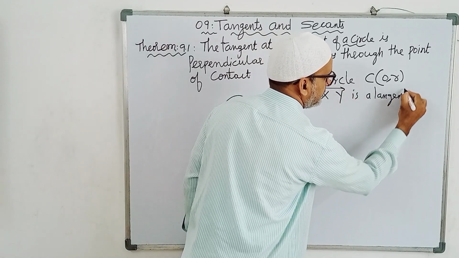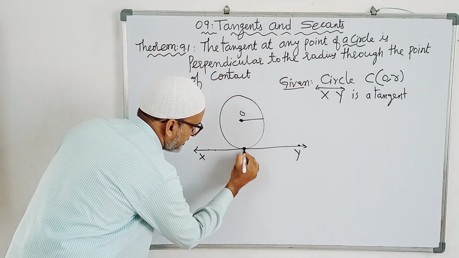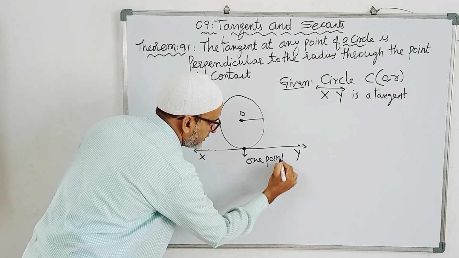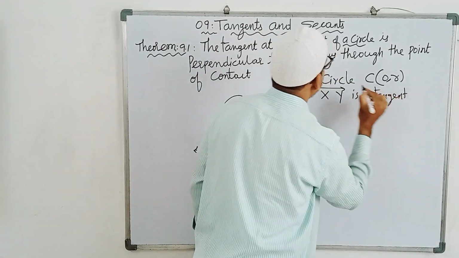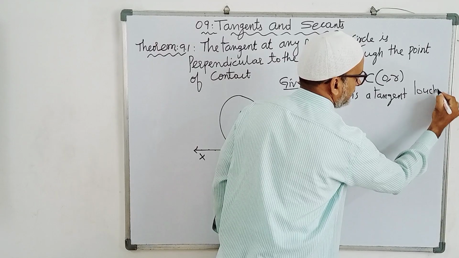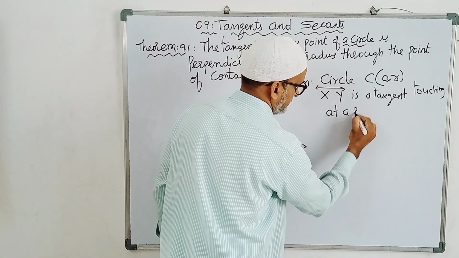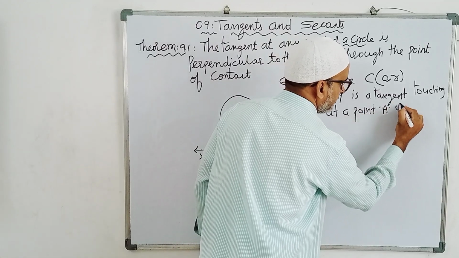Okay, this is the tangent. Why? Because this is touching at one point. This point I am taking as A. XY is tangent touching at a point A of a circle.